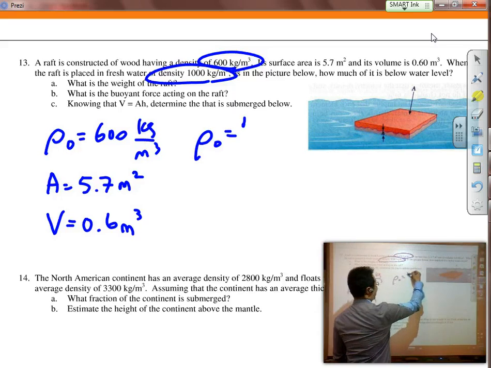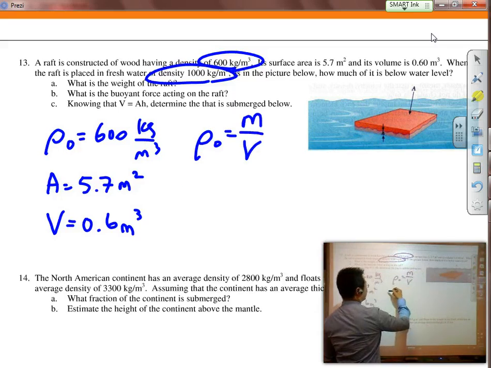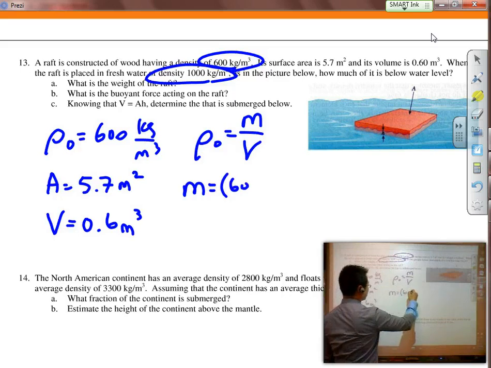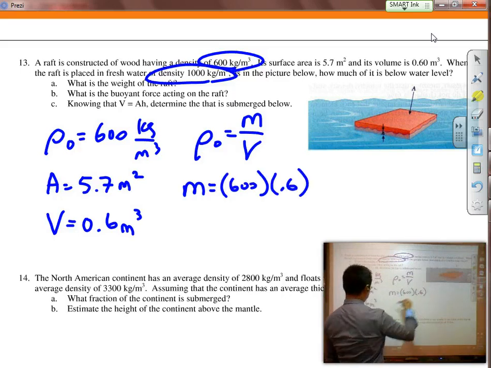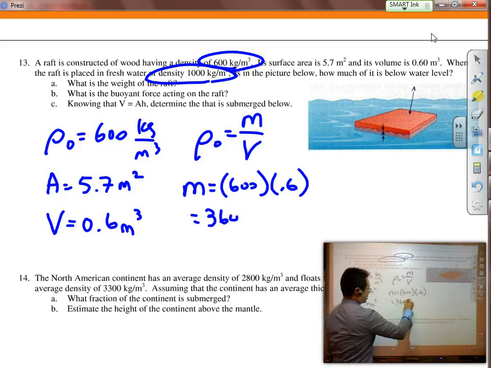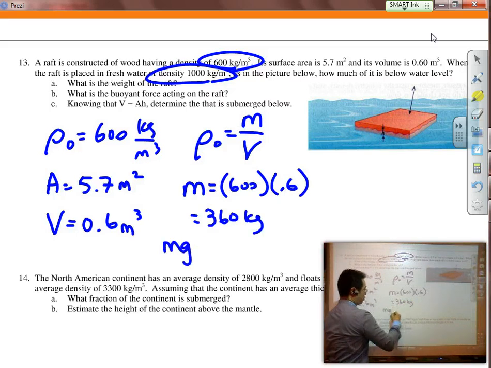Density is equal to mass over volume, so M is equal to 600 times 0.6, which is equal to 360 kilograms. So the mg would equal 3,600 newtons.